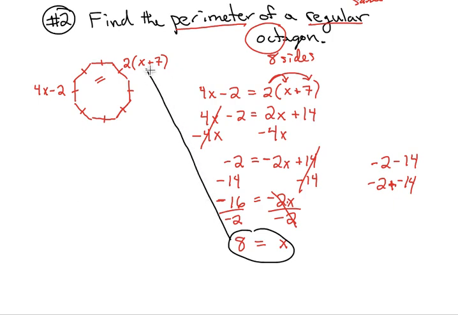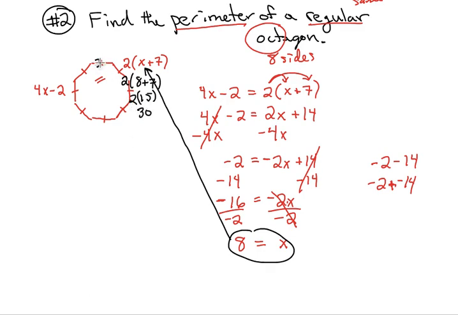And I think I'll put it in this one. So that would be 2 times 8 plus 7. So 8 plus 7 is 15, and 15 times 2 is 30.